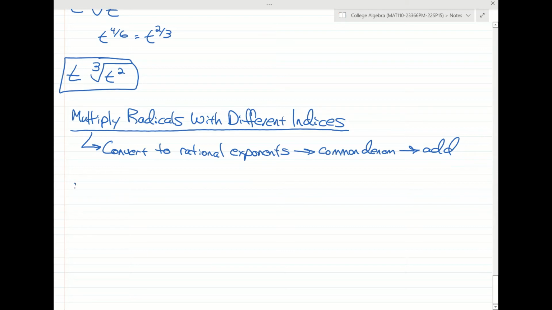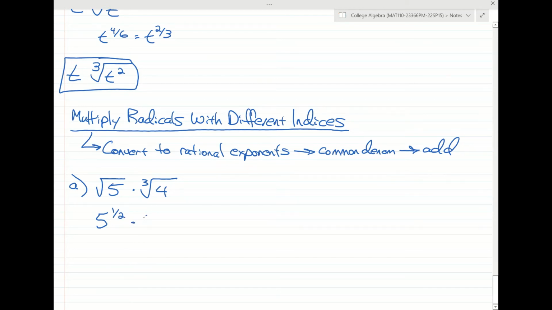So, say if we had the square root of 5 times the cubed root of 4. This is really just 5 to the 1/2.